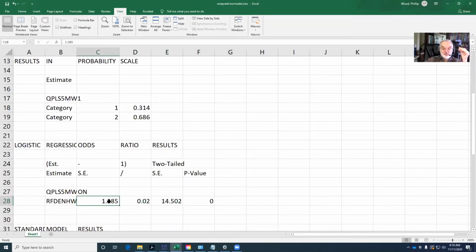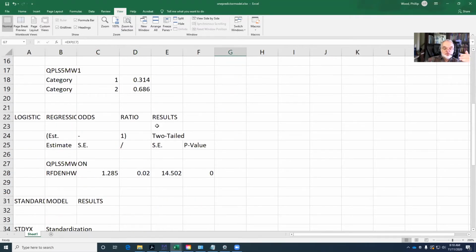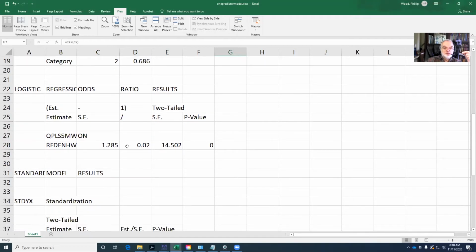That's the odds of diagnosing divided by the odds of not diagnosing, or in this case, drinking 5 or more drinks in a sitting versus not drinking 5 or more drinks in a sitting. That's e to this number, 1.28403. So the more reasons you have for drinking, the more your odds of drinking 5 or more drinks increase, by a factor of 1.2.